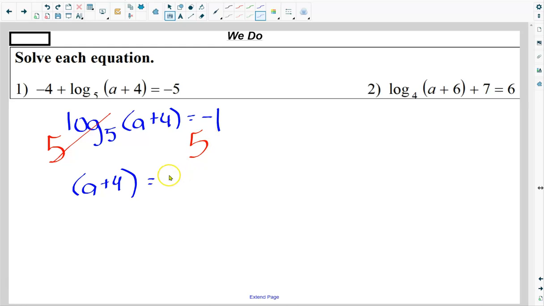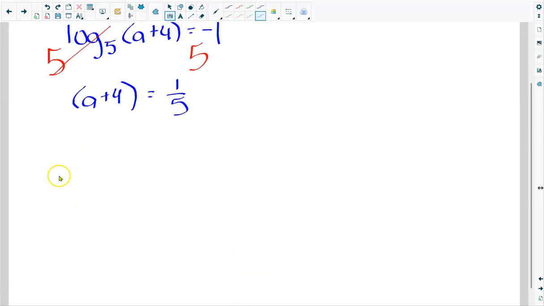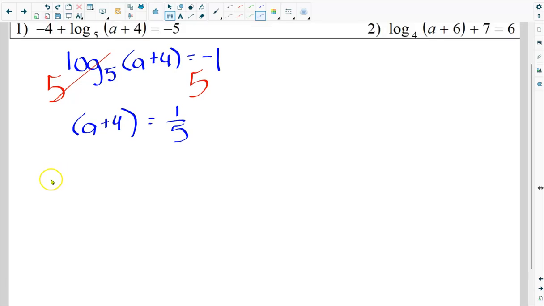5 to the negative 1 is 1/5. In this case, there's different approaches we can take. The easiest one is maybe to multiply 5 to both sides, which is going to give us 5a plus 20 equals 1.